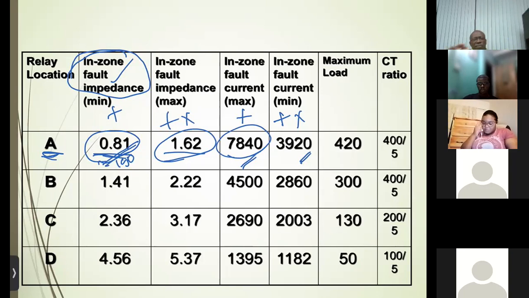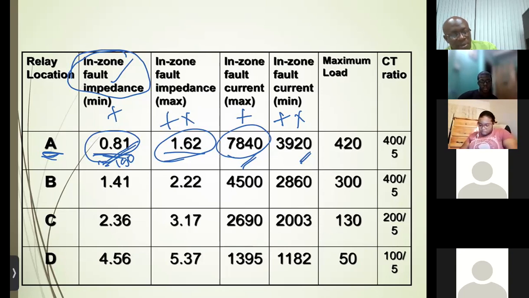All right, now, anybody, can you remind me as to why we need to go through a grading exercise? What did I say? What's the purpose of going through this grading exercise? Sir, would that be to ensure that you have discrimination?